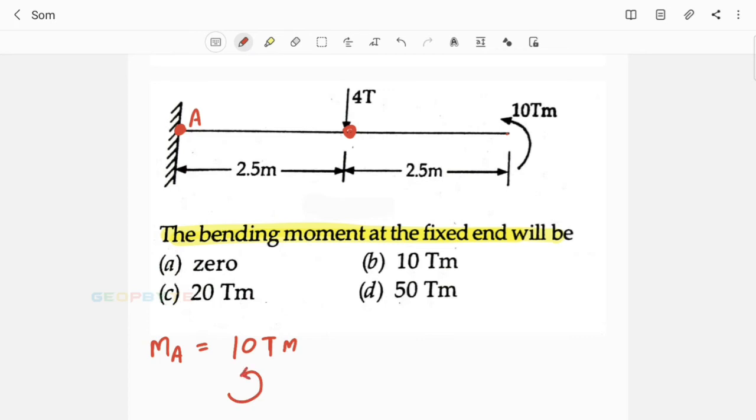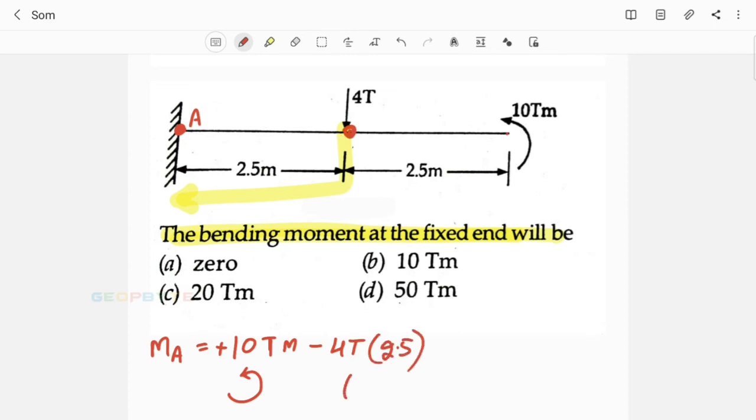If I take the anti-clockwise moment as positive, clockwise moment should be taken negative. This 4 into this distance up to the fixture is developing the clockwise moment. Clockwise moment is taken as negative, minus 4 tons into 2.5.